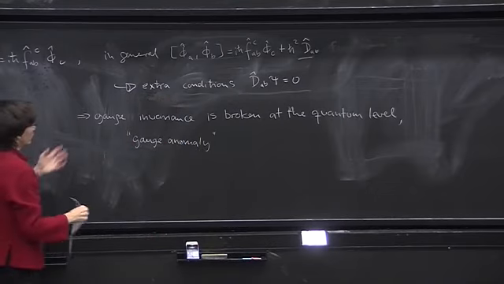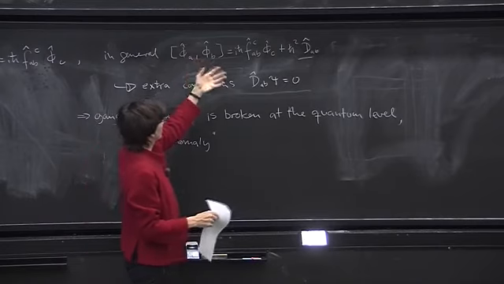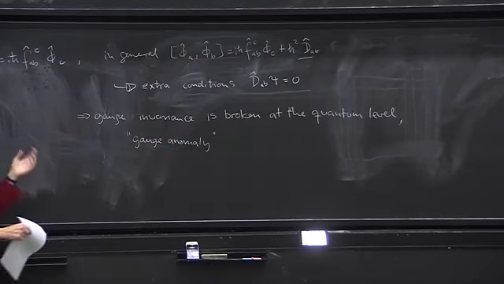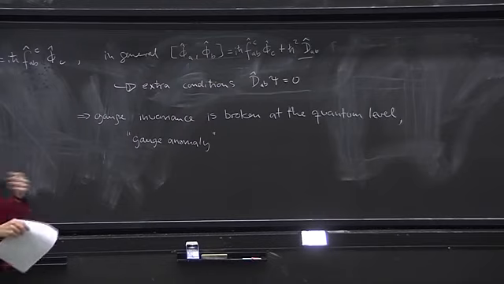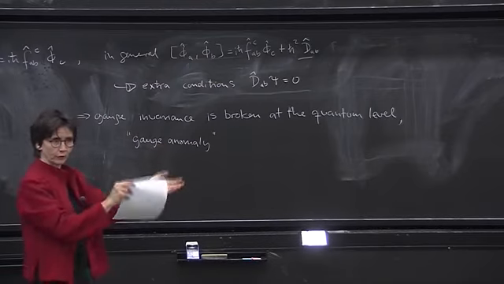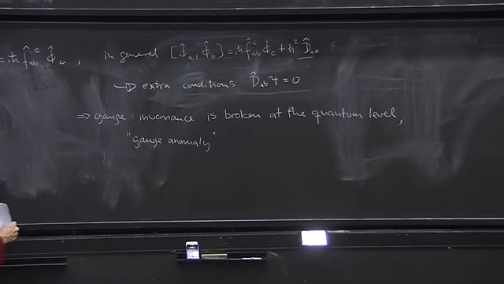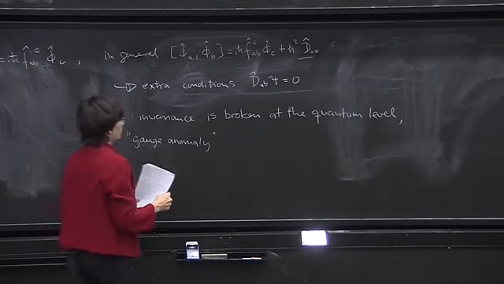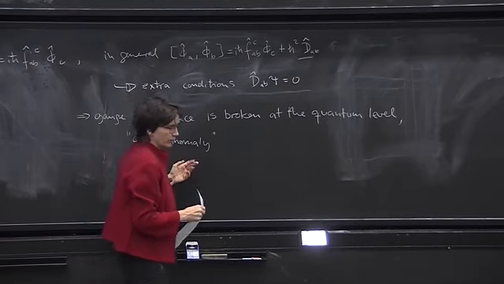So it simply means the classical algebra of constraints, which were symmetry generators because they correspond to a first-class set, this is my assumption here, don't satisfy that same algebra quantum mechanically.